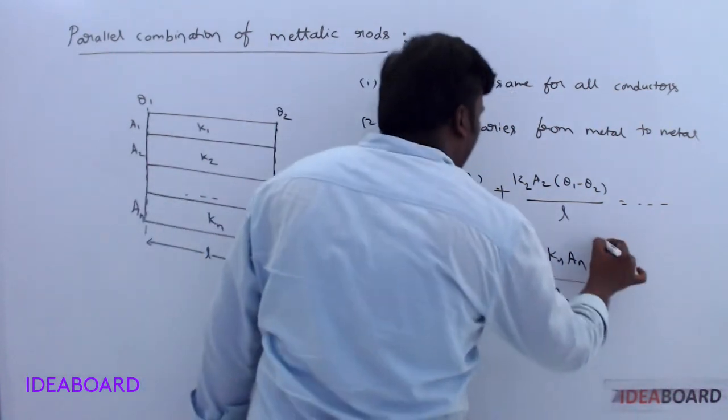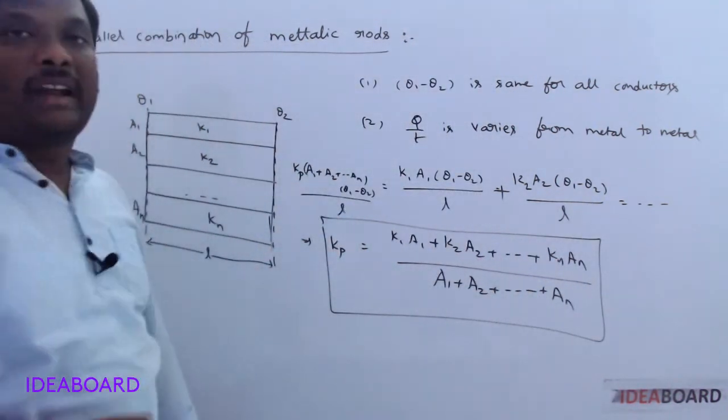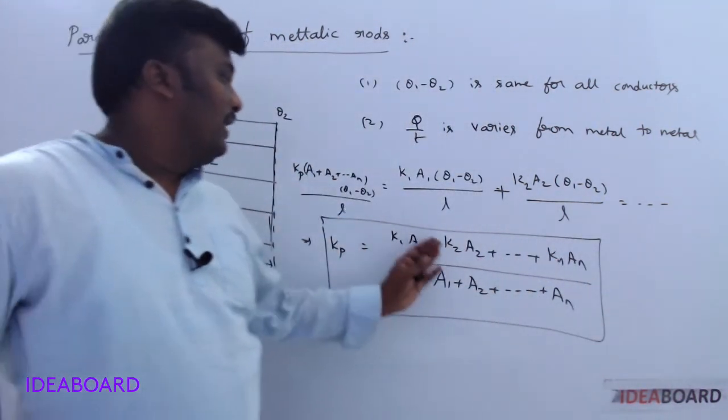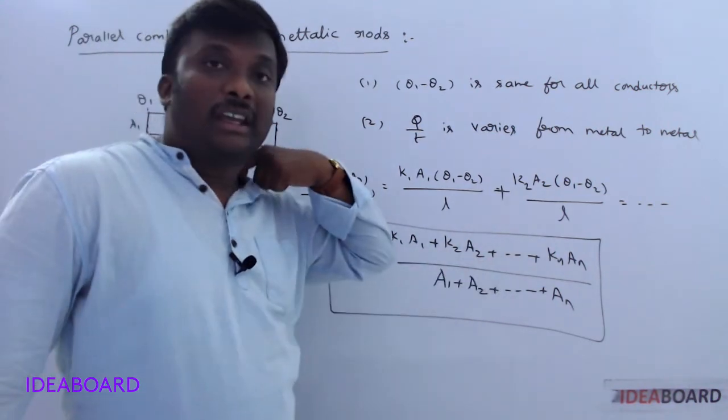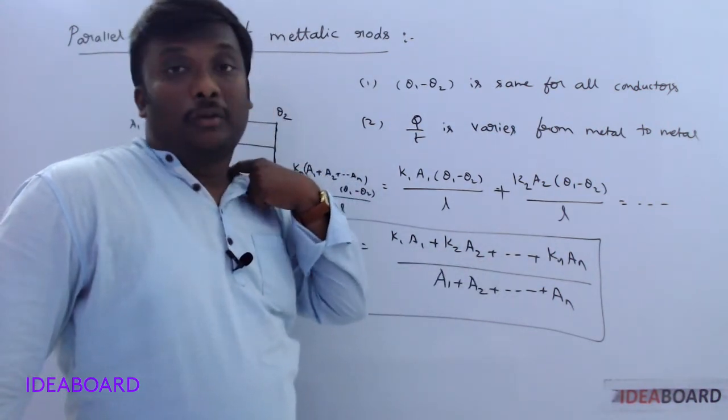So in parallel combination, if they ask for the effective coefficient of thermal conductivity, the formula is K1A1 plus K2A2 plus K3A3 and so on up to KNAN, by A1 plus A2 plus A3.